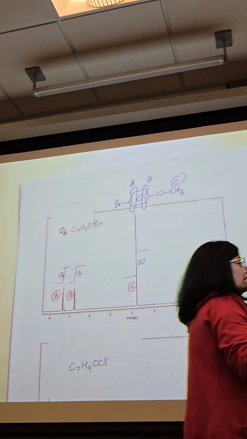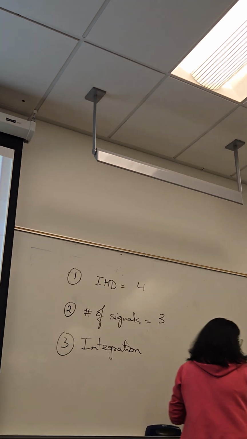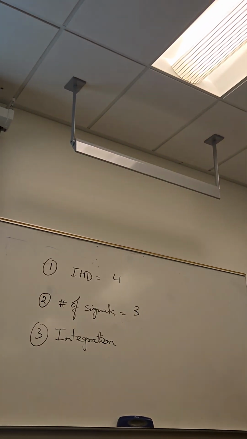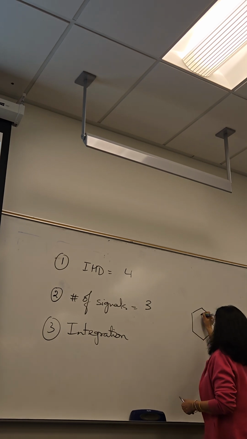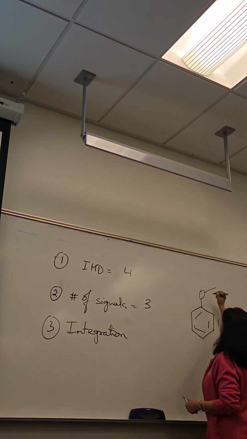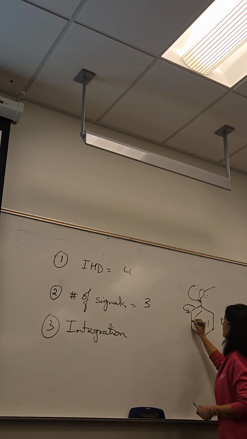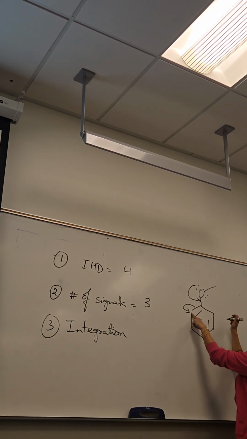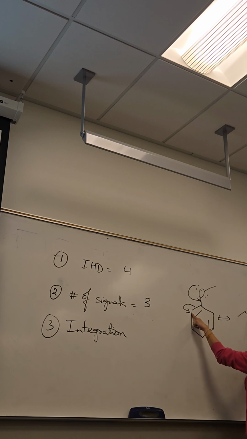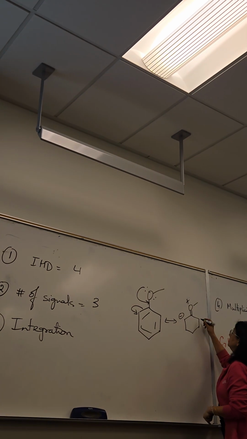Oxygen has lone pairs of electrons, if I might draw it here. Oxygen has lone pairs of electrons that get pushed into the ring. When they get pushed into the ring, what do they do to those carbons? Rich. Right? If you were to draw out the resonance structure, wouldn't this become minus?